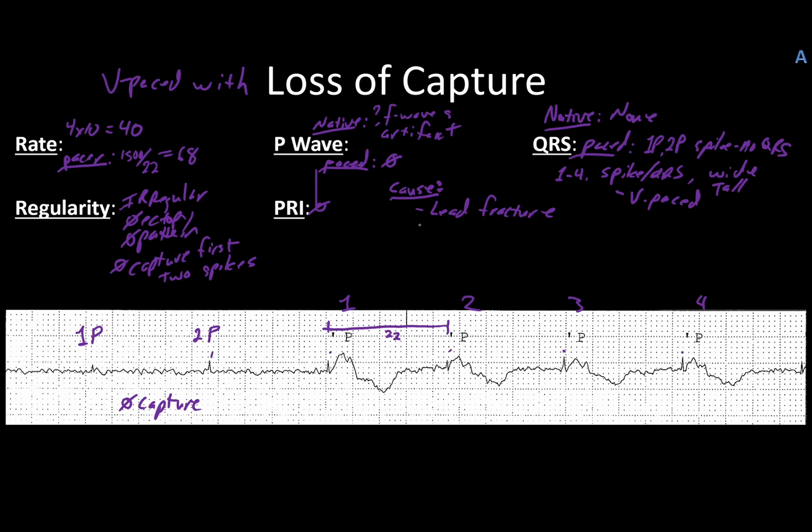We can have lead displacement. And actually, in this case, that's exactly what happened. There was a temporary pacemaker in place. The wire and patient movement caused it to float away from the right ventricle and led to this occasional capture that was going on.